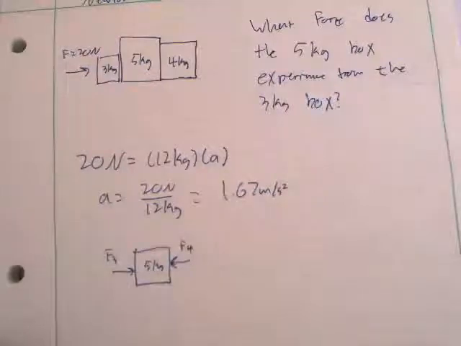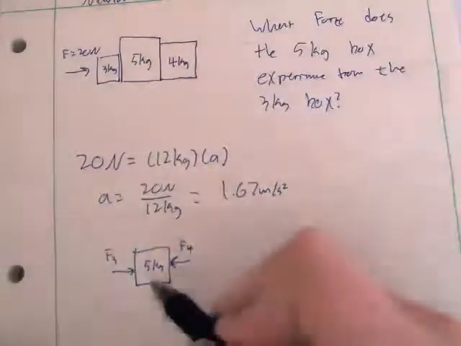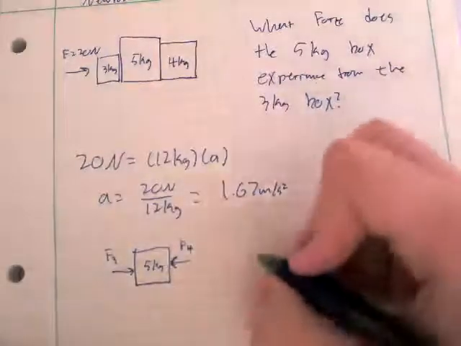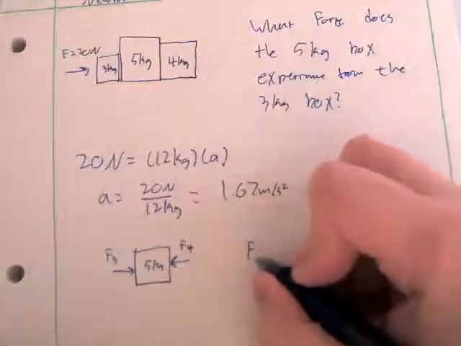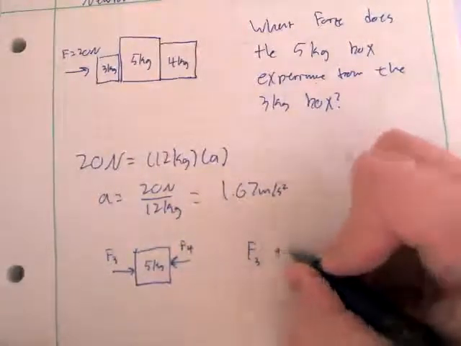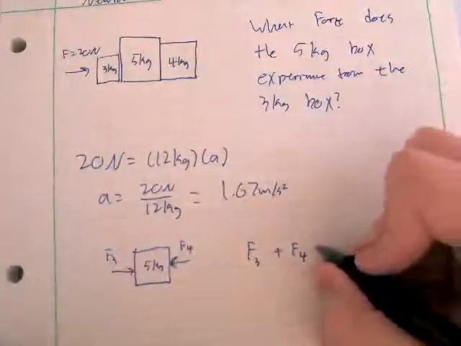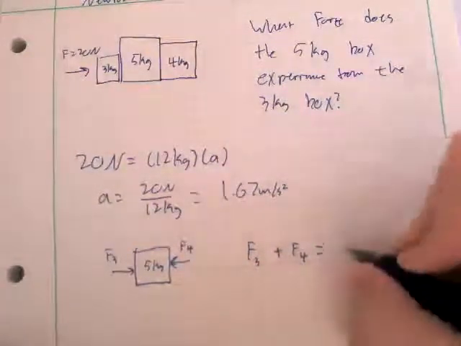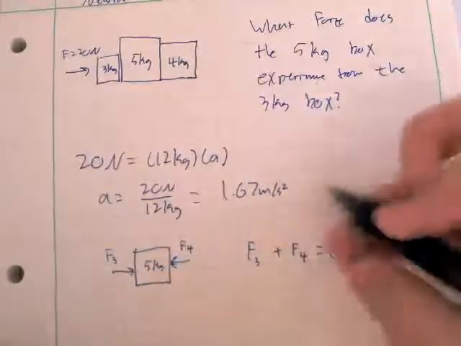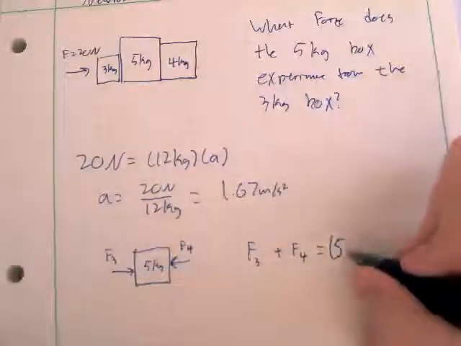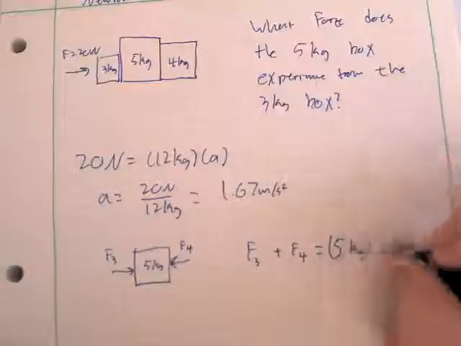So with this, we can again do our Newton's second law just for the 5 kilogram box. What we know is we have to have force from the 3 kilogram box plus the force from the 4 kilogram box has to be equal to ma of the 5 kilogram box. What's the mass? It's 5 kilograms, right? What's the a?